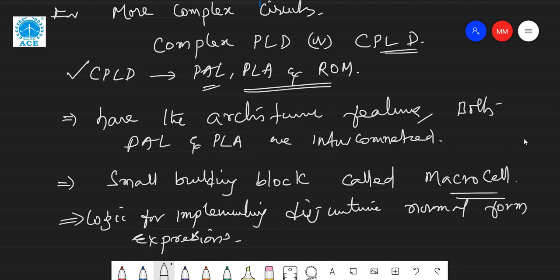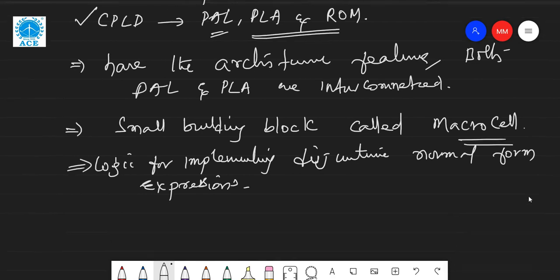Generally it is called disjunctive normal form of expressions, right.